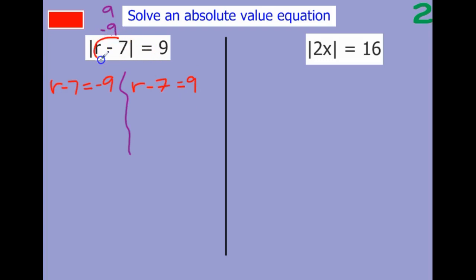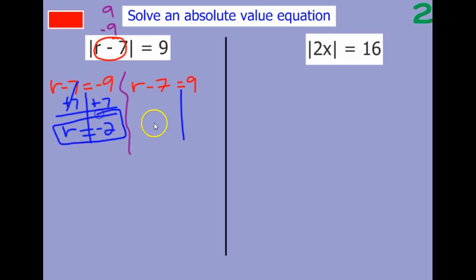Because this whole piece right here could be a -9 or a positive 9 in order to come out clean, or positive. So the opposite of subtracting 7 is just adding 7. So I have r equals, well, -9 plus 7, there's more negatives. There's two more negatives. R equals -2. And same thing here, add 7.